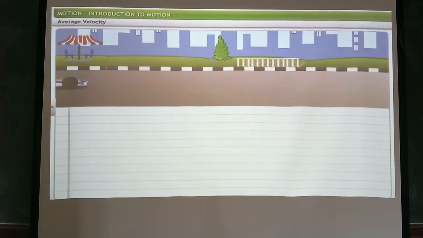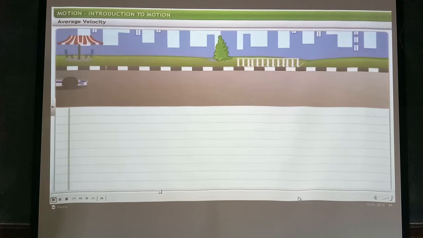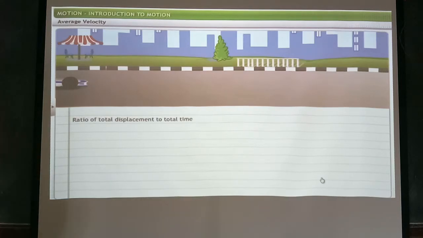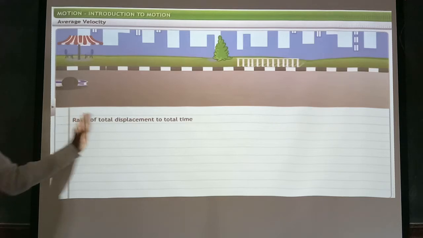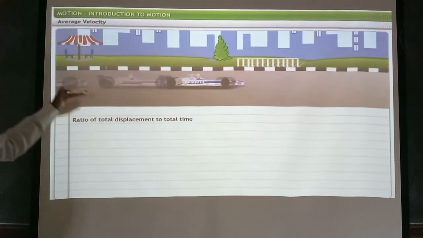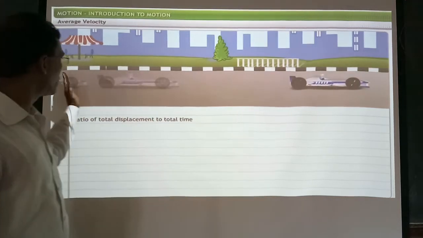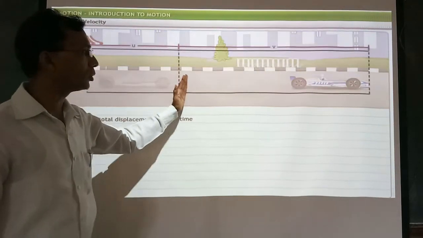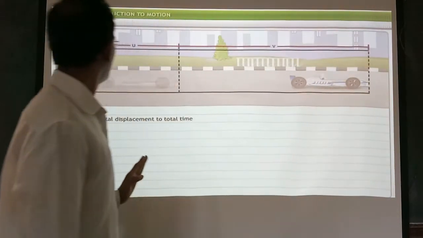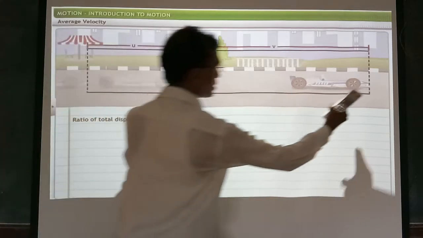We can also find the average velocity here. So how can we calculate the average velocity? Average velocity is the ratio of total displacement to the total time. Here we start from the initial position to the final position, the first position and the second position.